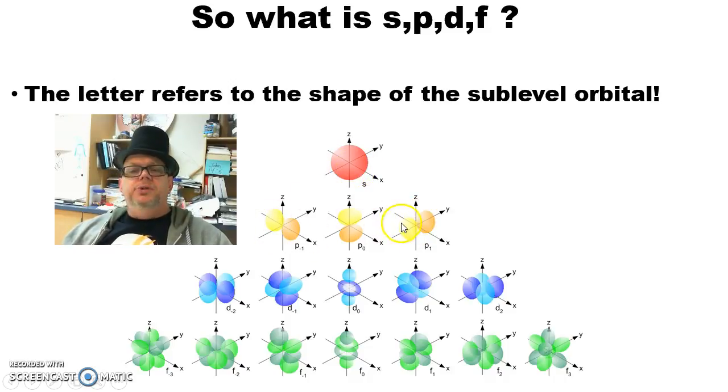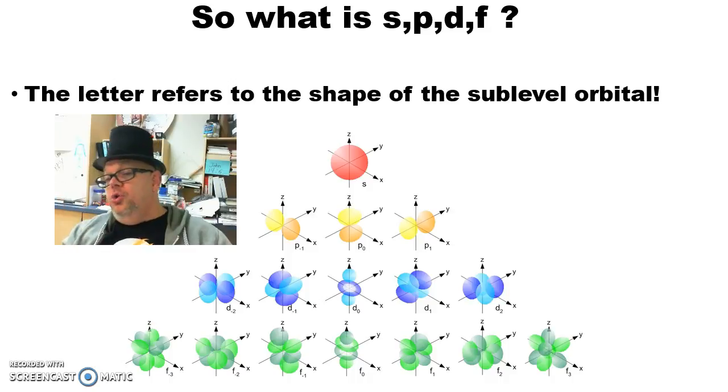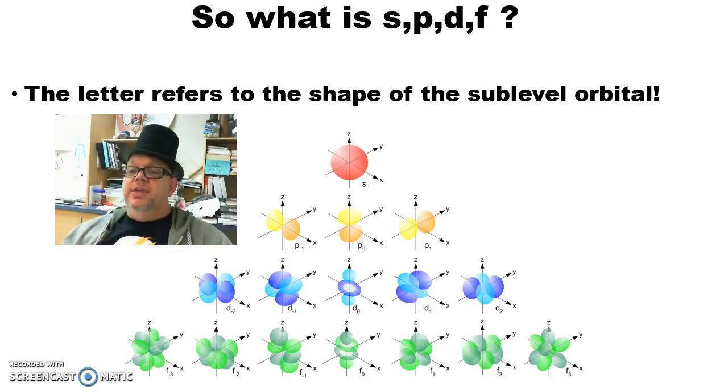You'd say, well, what's going on with the 3 different P's there, and they have these different labels, like P to the minus 1, P to the 0, and P to the 1? What is all that? Think of it as the orientation. That would be our third piece of the address: how is it oriented?